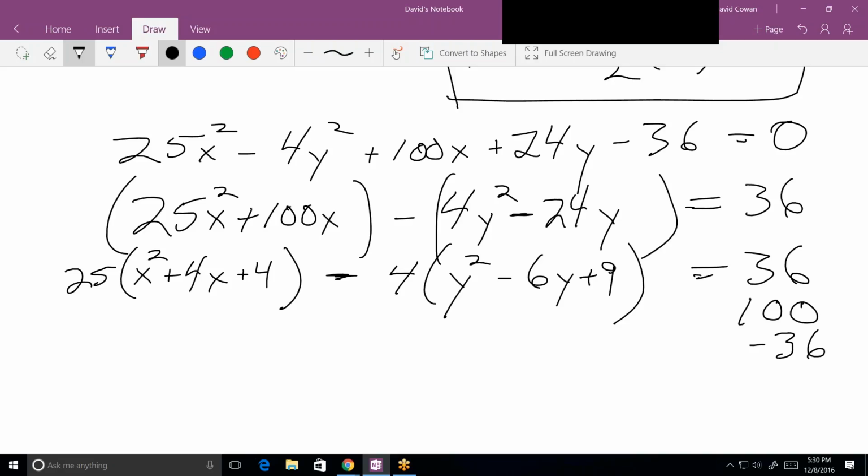Okay, so now your next line would be 25 times x squared plus, or whoops, not x squared. x plus 2 squared minus 4 times y minus 3 squared equals 100.